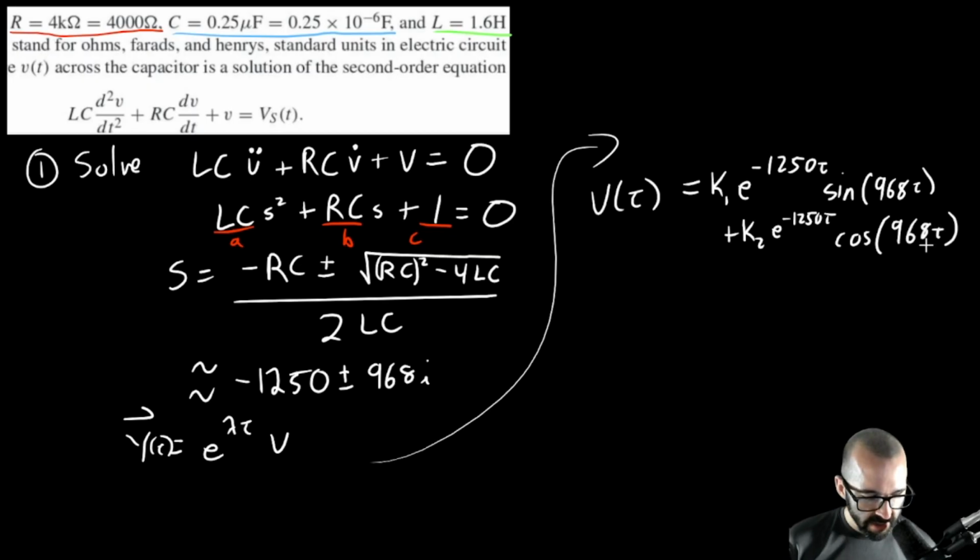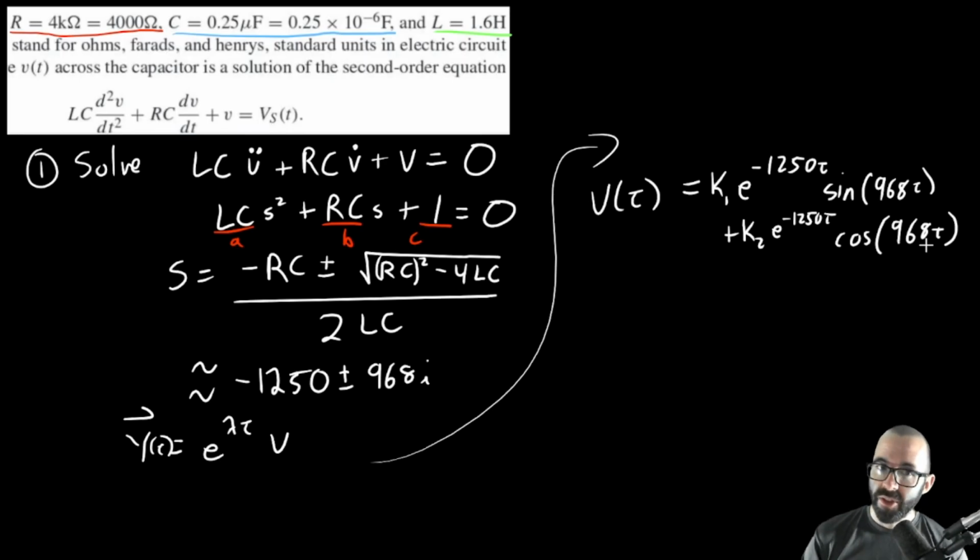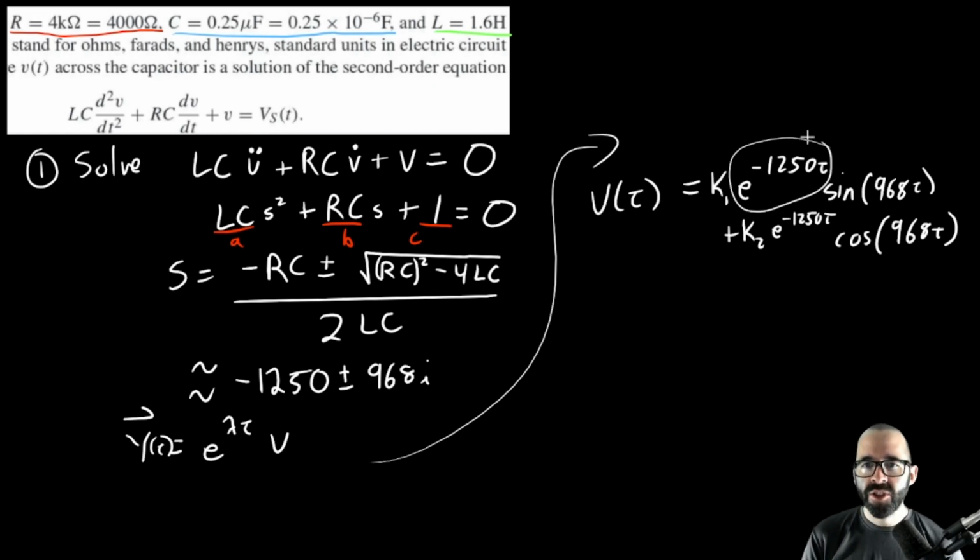Okay, a very nice general solution right here. And you can see a few things. That electricity is happening pretty fast, right? This is exponentially decaying so incredibly quickly, negative 1250t.